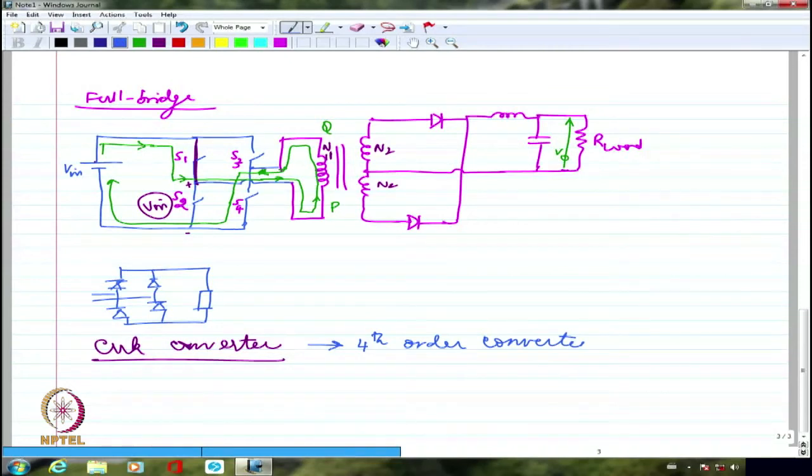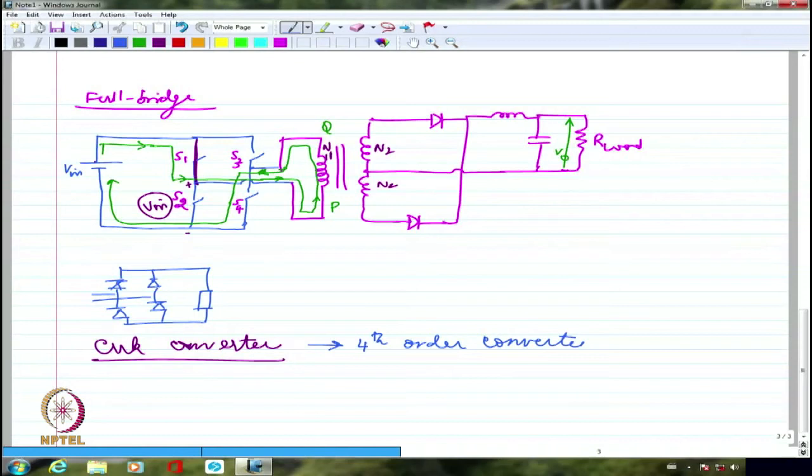So that has an SMPS sitting inside. Many of our electronic appliances will have SMPS sitting inside, which may require higher wattage capacity. So in those cases, we will normally use one of the converters which can withstand much higher power rating. So Chuk is one of those converters which can be used in even higher power ratings.